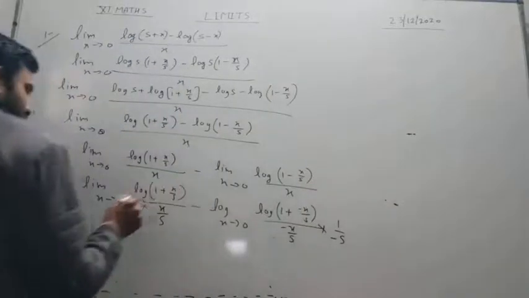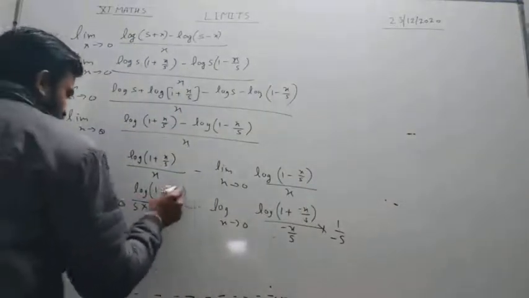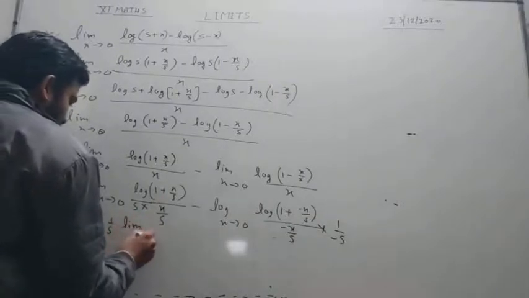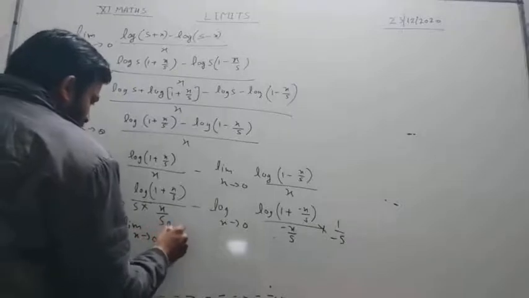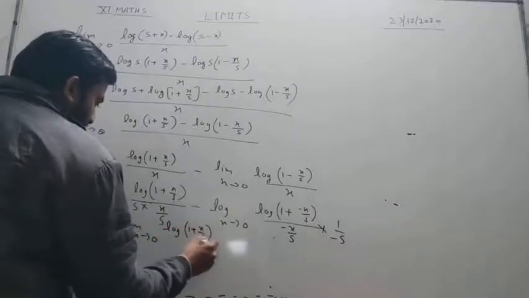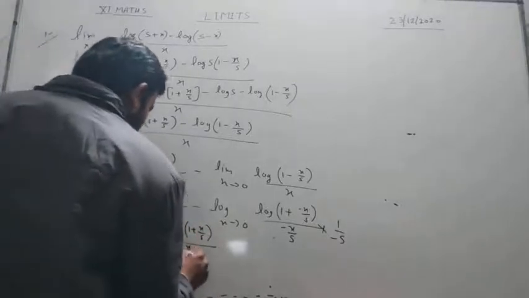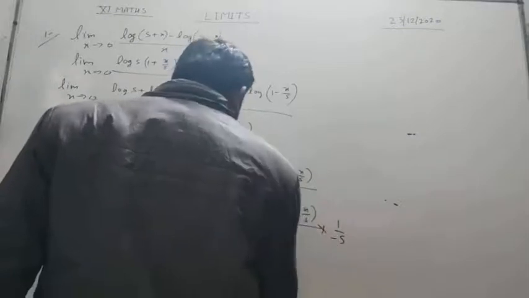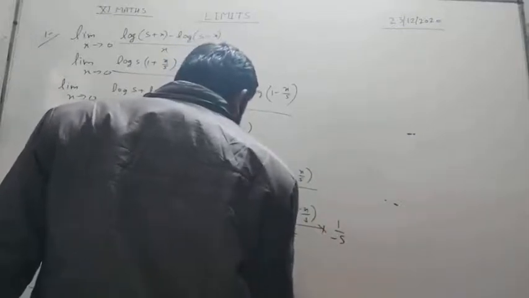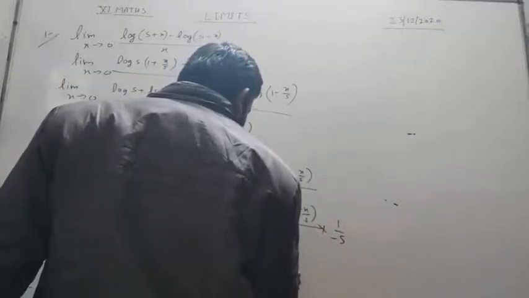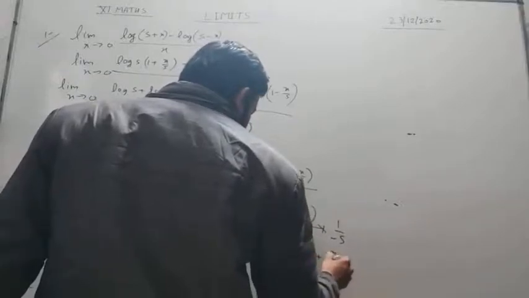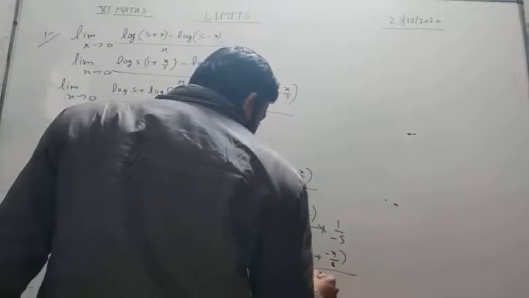So this term we can write as 1 by 5 limit x tends to 0 of log(1 plus x by 5) by (x by 5), and minus minus, plus 1 by 5 limit x tends to 0 of log(1 plus minus x by 5) by (minus x by 5).